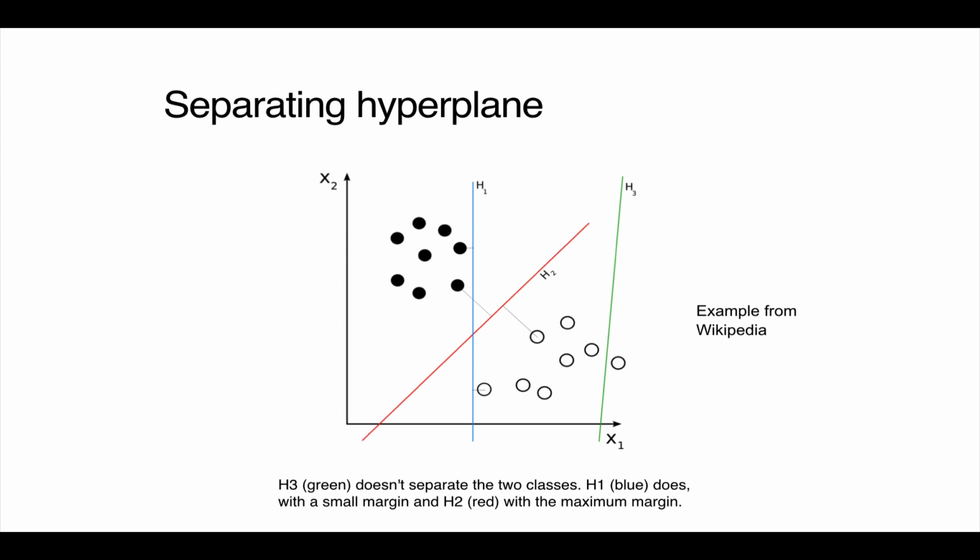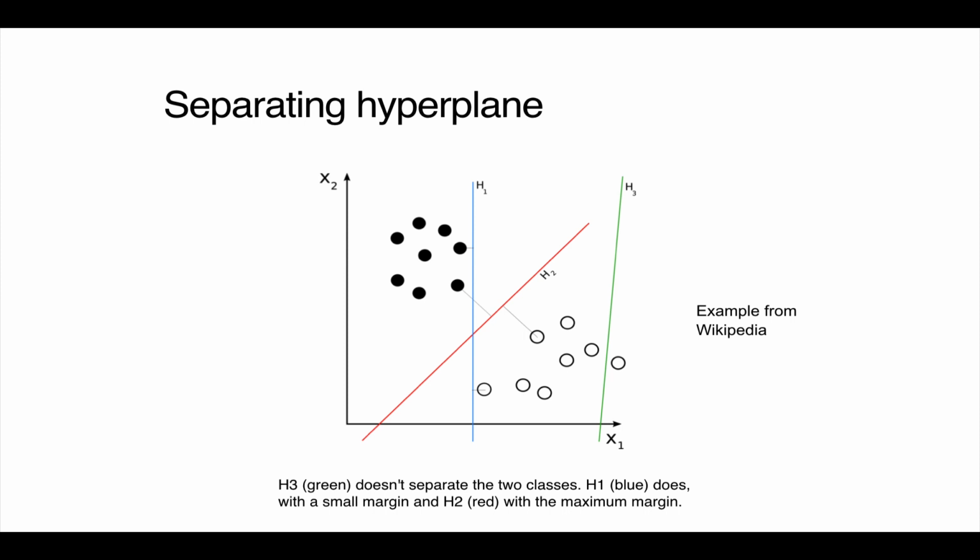I've taken this example from Wikipedia, where we have 3 different separating hyperplanes. Both H1 and H2 give you separation between the 2 different patient categories. However, hyperplane 3 does not give such a separation between them.